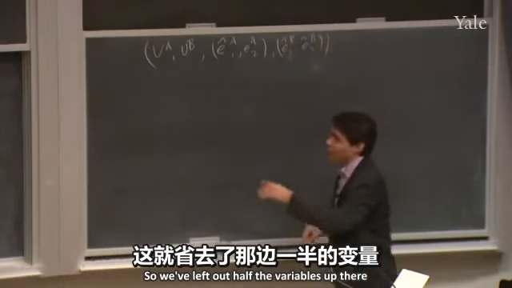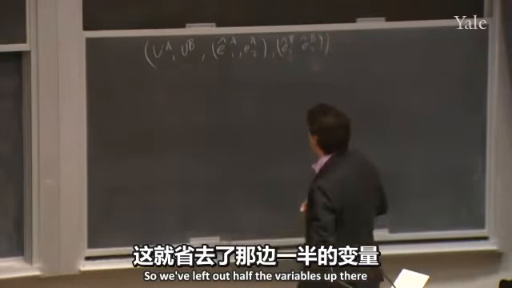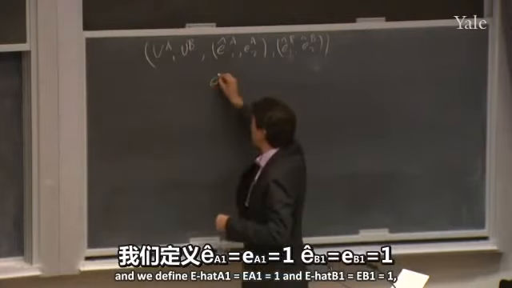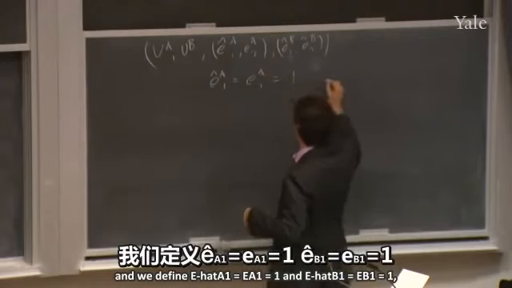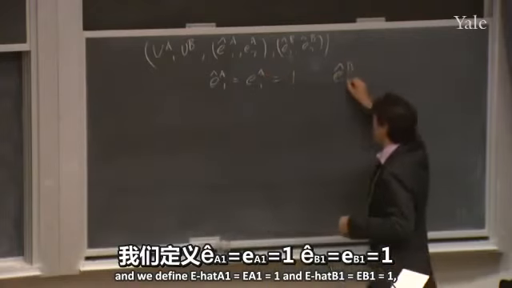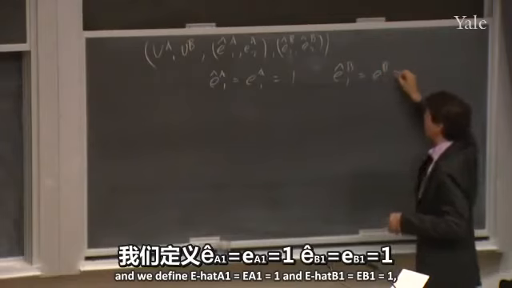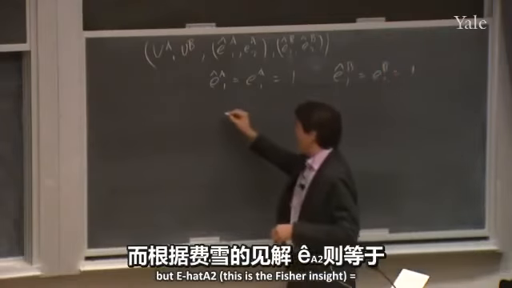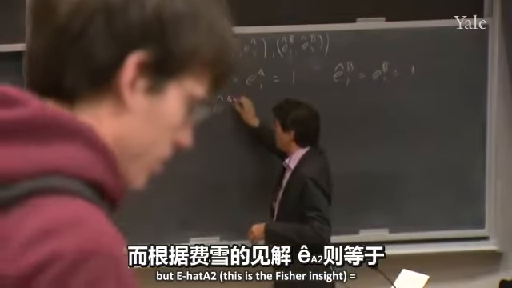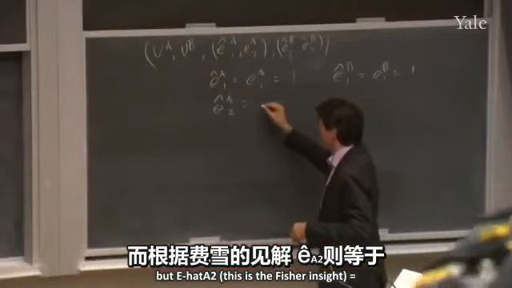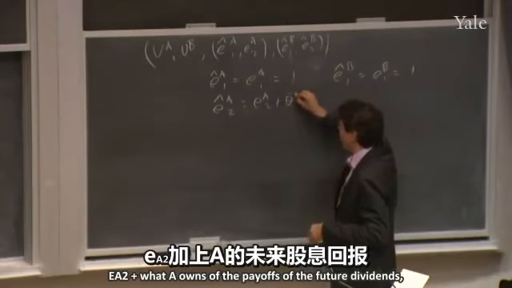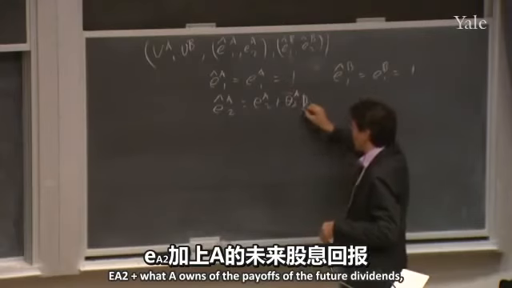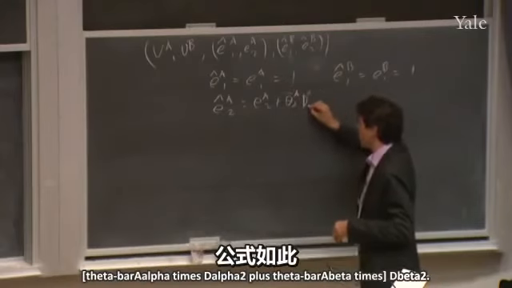Okay, so we've left out half the variables up there, and we define E hat A1 equal to EA1 equal to 1, and E hat B1 equal EB1 equal 1. But E hat A2, this is the Fisher insight, equals EA2 plus what A owns of the payoffs of the future dividends.